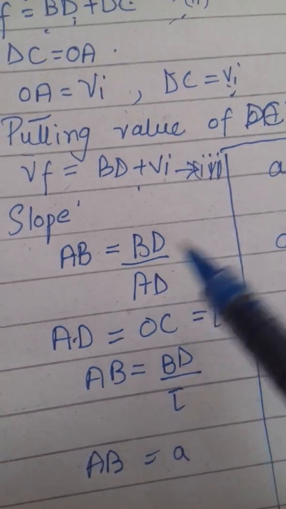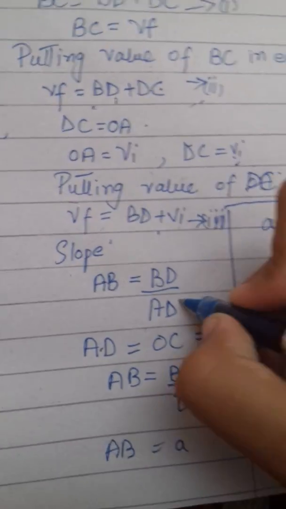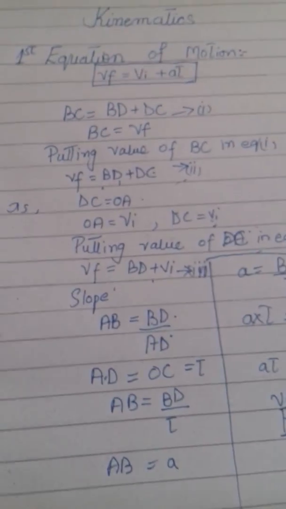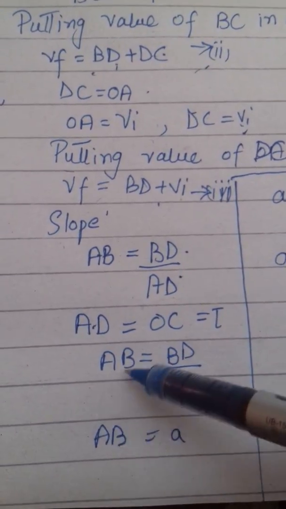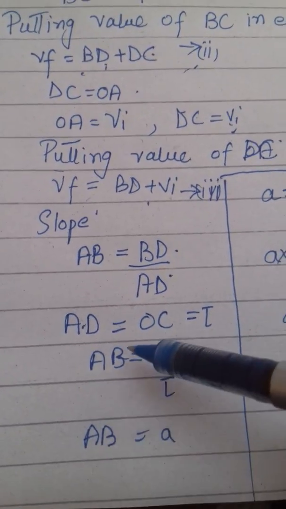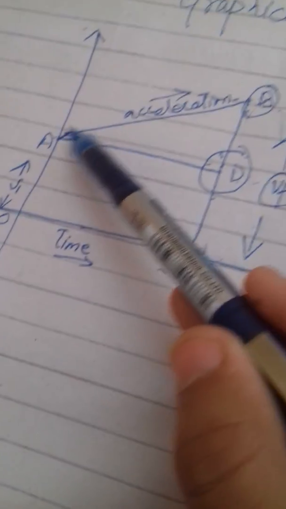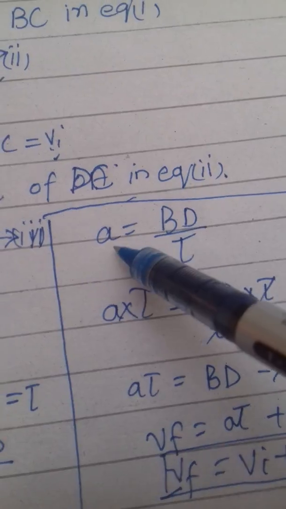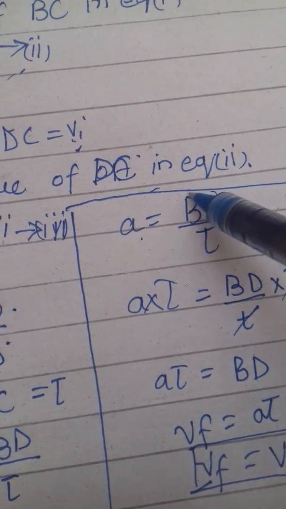Putting the value of AD in this, AB is equal to BD by T. AB is equal to a, as it is moving with some kind of acceleration from point A to B.